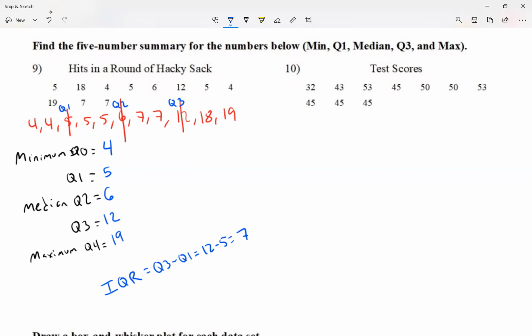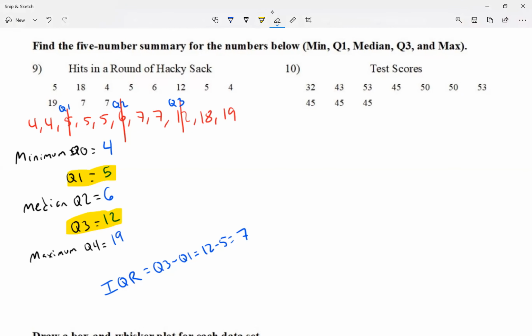It's very interesting. This is actually fun. Because this deals with quarter 1 and quarter 3, if I give you only one of those values, only quarter 1 or only quarter 3, and I give you the interquartile range, you can find the other value.